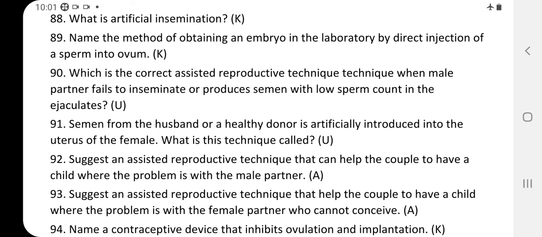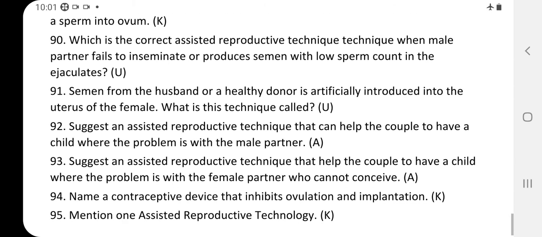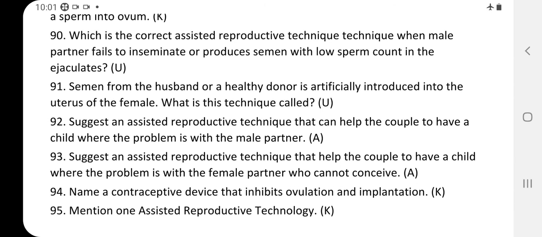That is called intrauterine insemination, or artificial insemination.